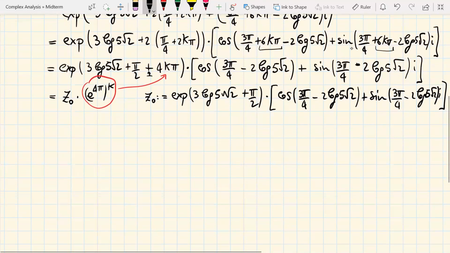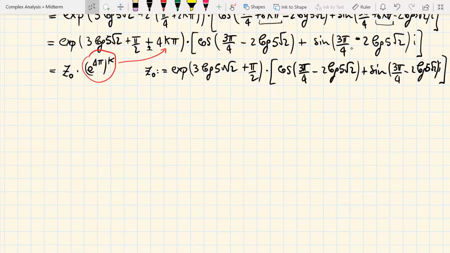So if you want to represent z0 on the plane, you see that this angle here is roughly minus π, a bit bigger than minus π. So if here is the origin, then if you compute also the norm, then you will be somewhere here.